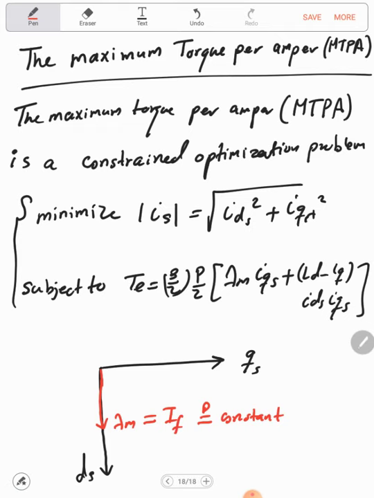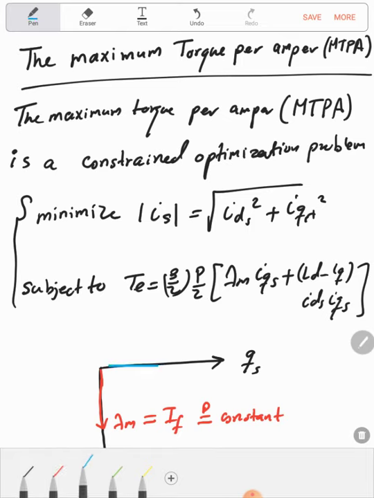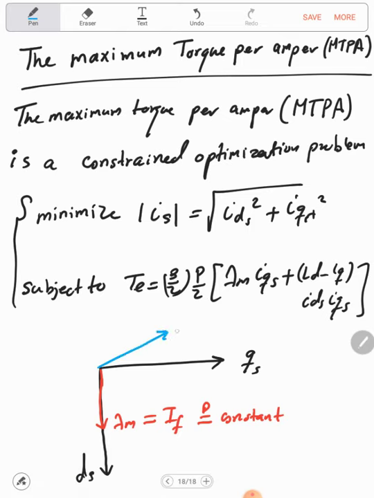So the only possible scenario is if we need to impose any direct axis current, it is on the negative side. So for that, let's assume this is the IS, and let's define this angle here as beta.